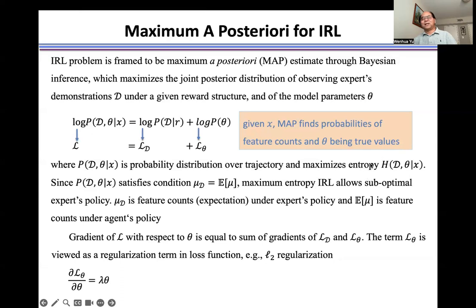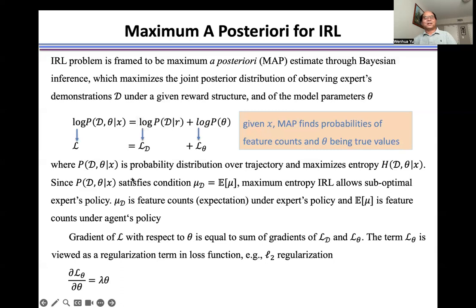From the entropy, log P makes sure the distribution P has maximum entropy. Then we use this as the loss function. Using the chain rule, we get two terms. This term is just like regularization, and the main challenge is this part.